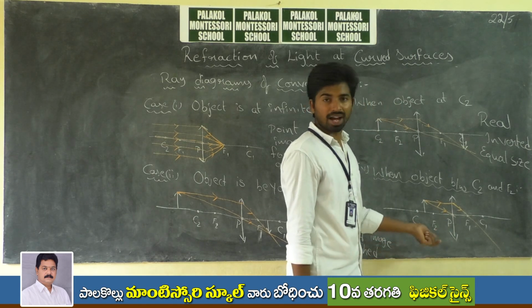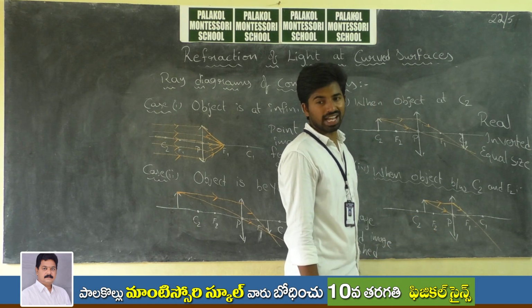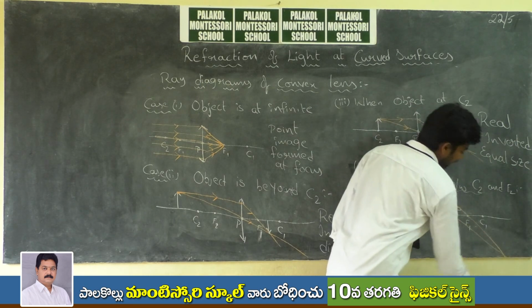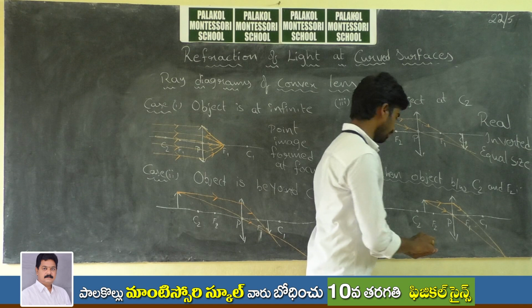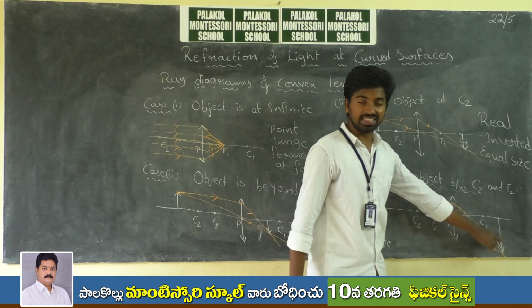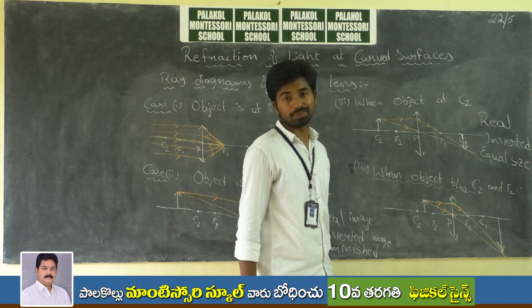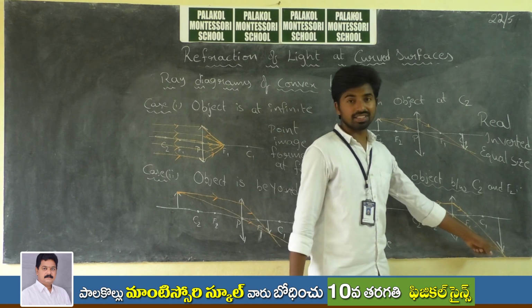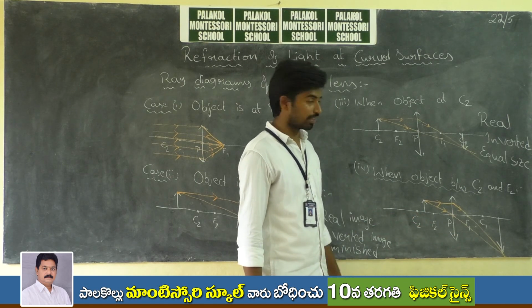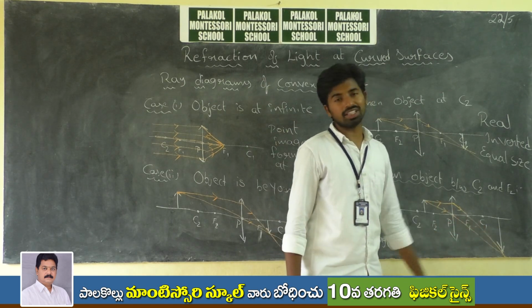So the light ray passing through the pole will follow an undeviated path, and it will get intersected there. If you observe the image size, it is larger than the size of the object, and it is in the reverse direction to the direction of the object. So what is the nature of the image?